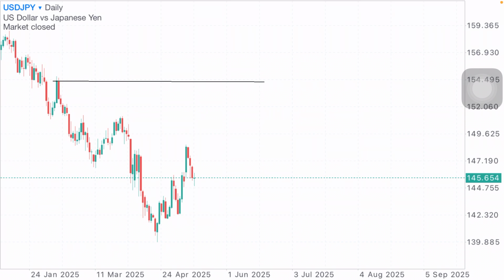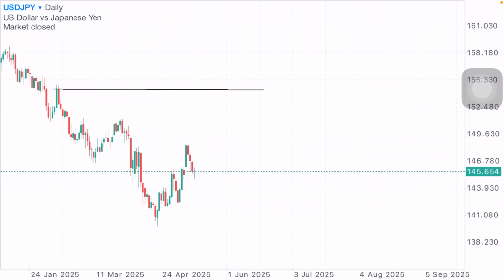So when you want to analyze a chart, firstly, you have to look at the highest point of the market and the lowest point of the market. So what's the highest point of the market here on USDJPY?